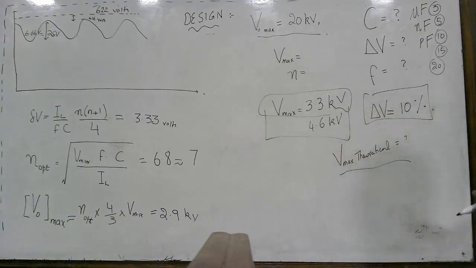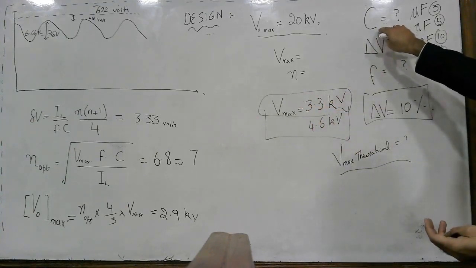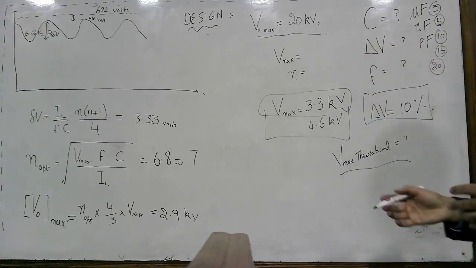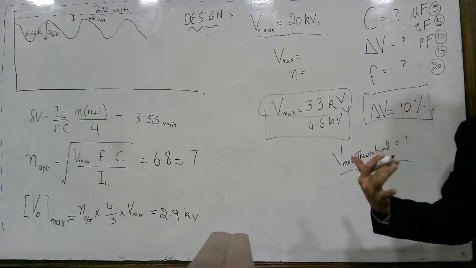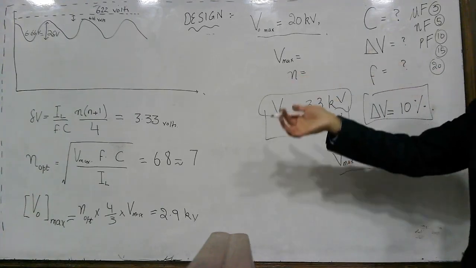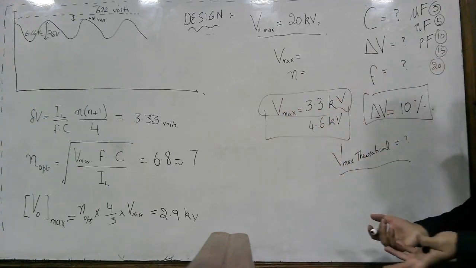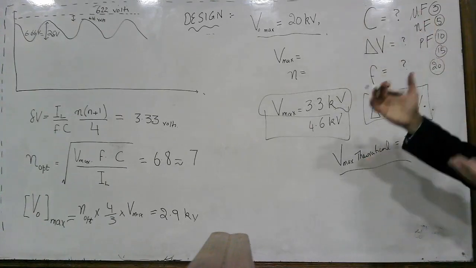So what else we can do is that if you have this input voltage waveform, you choose the capacitor, you choose delta V, you have the frequency, then you can say that if you go for one stage you get this value, if you go for two stages you get that value. So normally analysis is converted into the design task, and this is the way if you start from scratch.